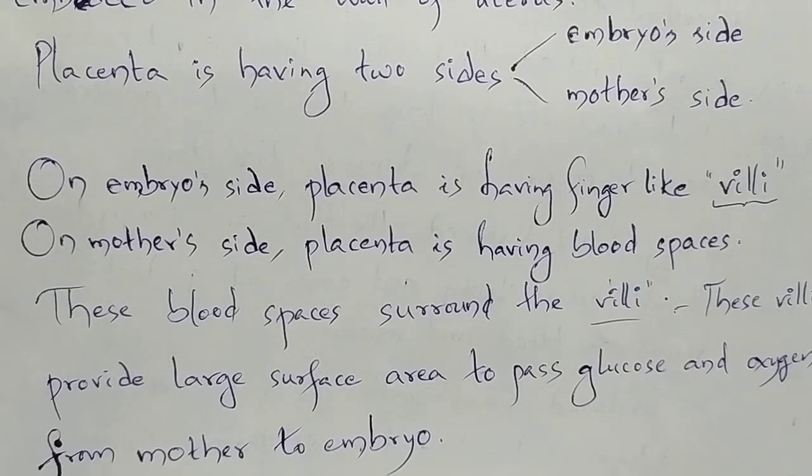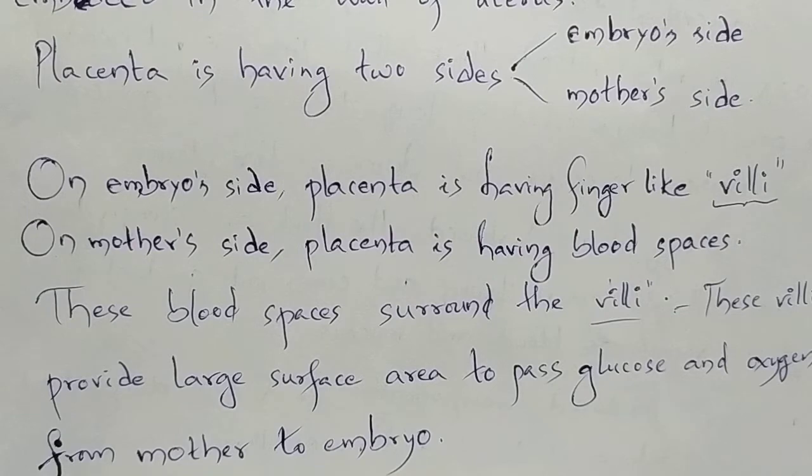On the mother's side, placenta has large blood spaces. These blood spaces surround the villi.